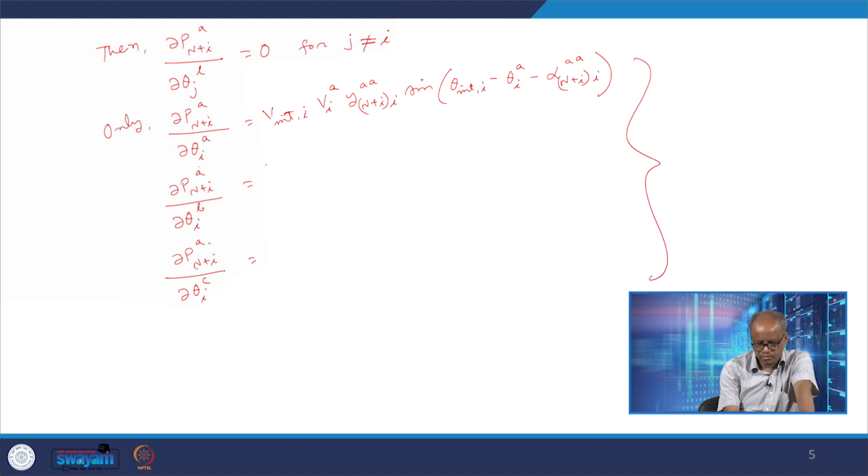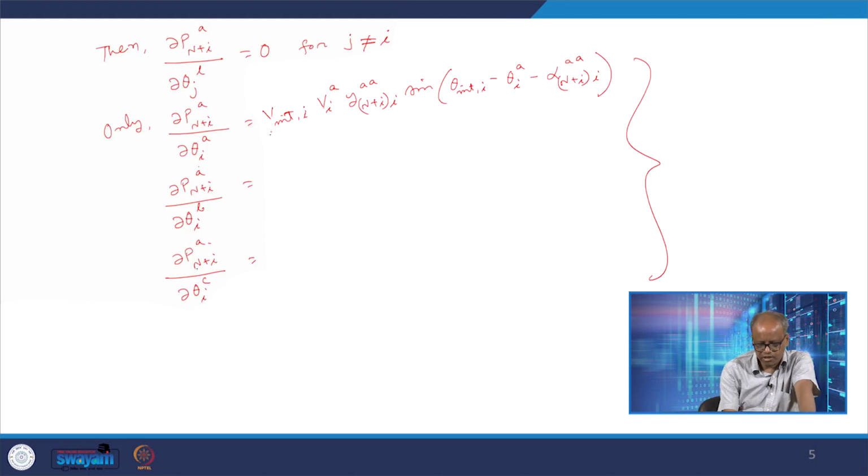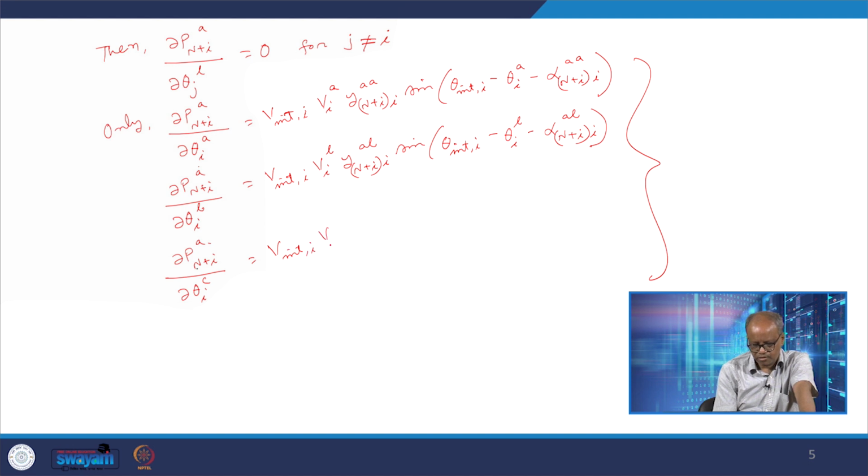So similarly this one would be V internal i V i b y n plus i a b, then it is sine theta internal i minus theta i b minus alpha n plus i a b, right, and V internal i V i c.